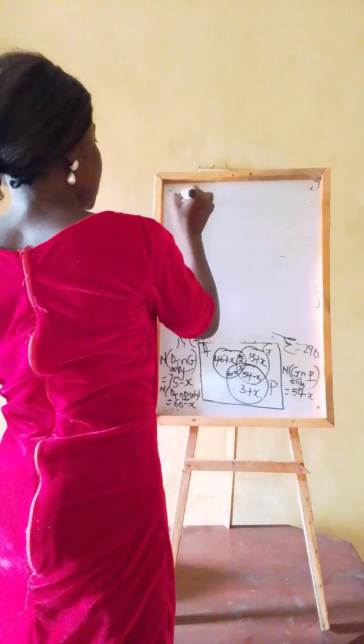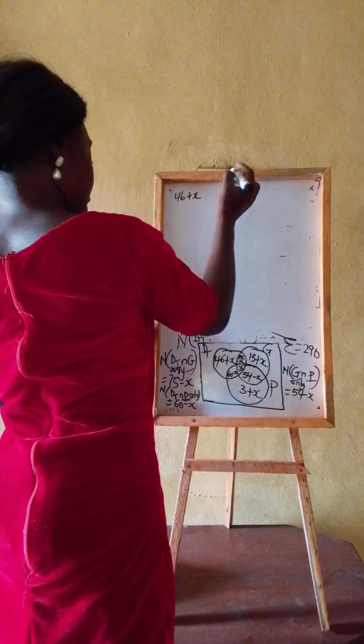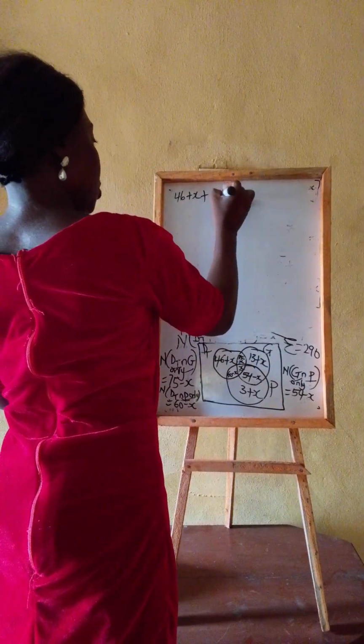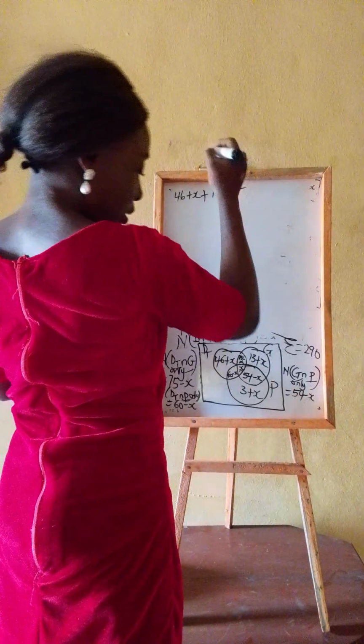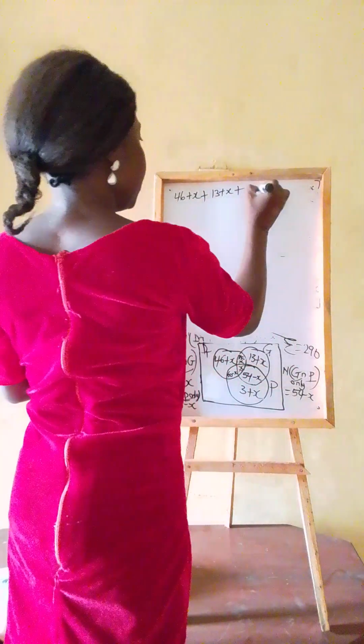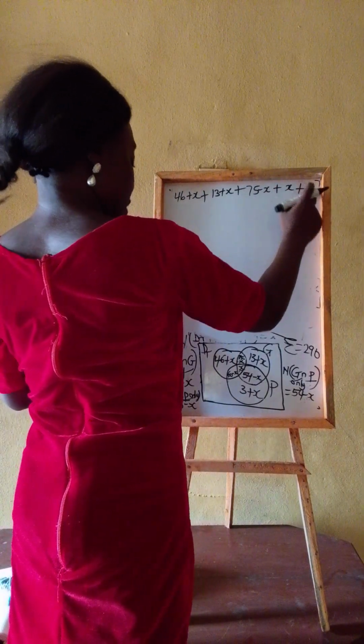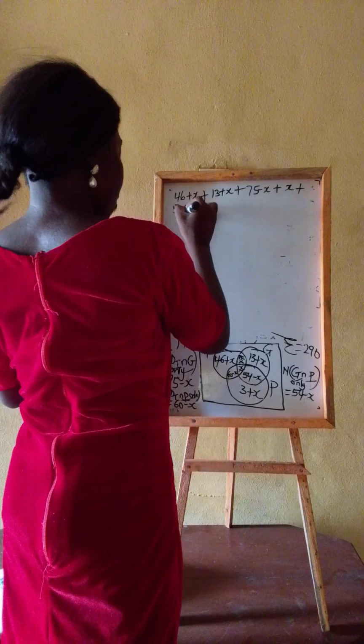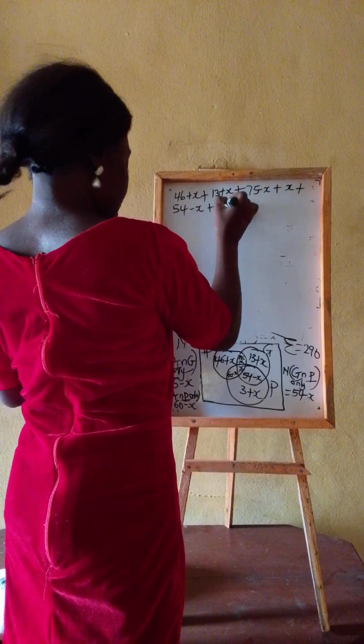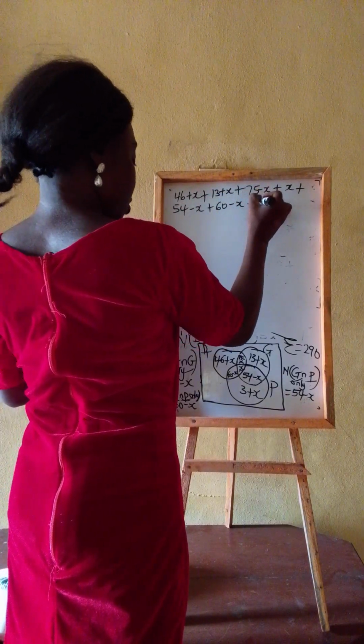So we have 46 plus x plus 13 plus x plus 75 minus x plus x plus 54 minus x plus 60 minus x plus 3 plus x.